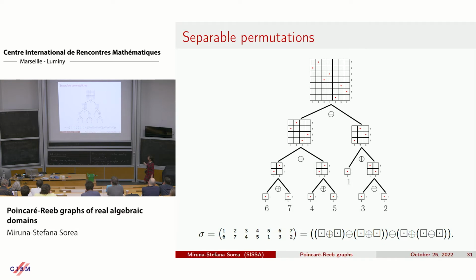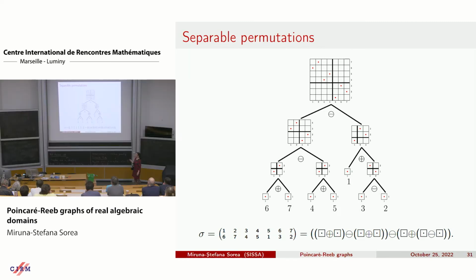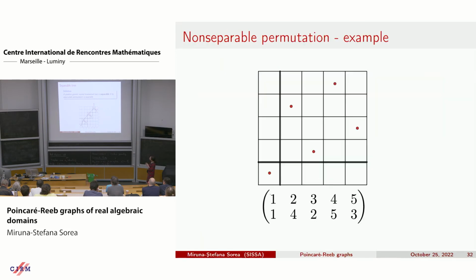In this case, you see this was a possibility, and this decomposition is not unique due to associativity. The idea is that you get a binary decomposition tree out of this. If it's a separable permutation, you are able to obtain a binary decomposition tree. And of course, not all permutations are separable.